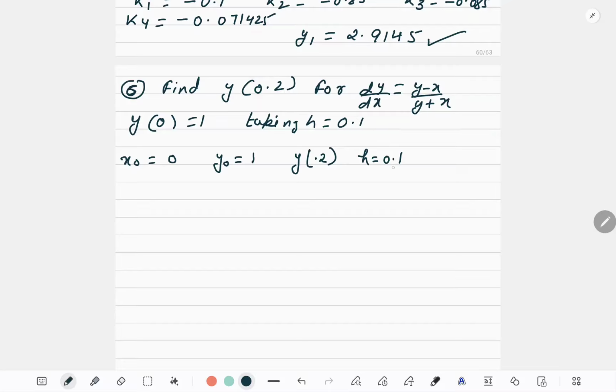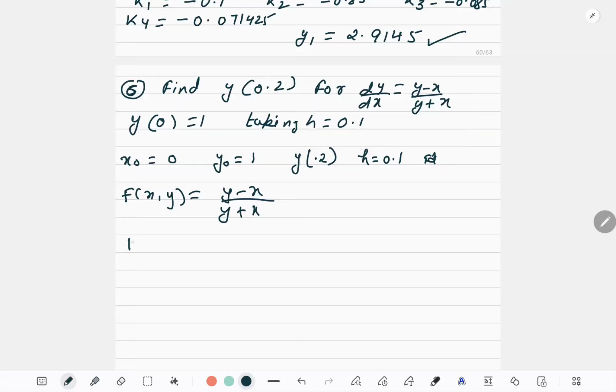Because 0 plus 0.1 you will reach 0.1, then 0.1 plus 0.1 you will reach 0.2. And what is the value of the function? Function f of x comma y is equal to y minus x upon y plus x. So let us start this question now.